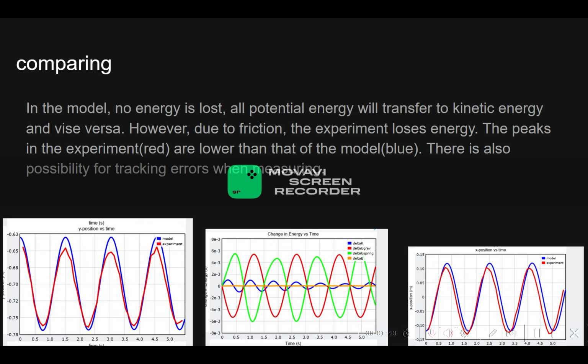First, in this comparing section, we have the Y position versus time. The blue is the model and the red is the experiment.